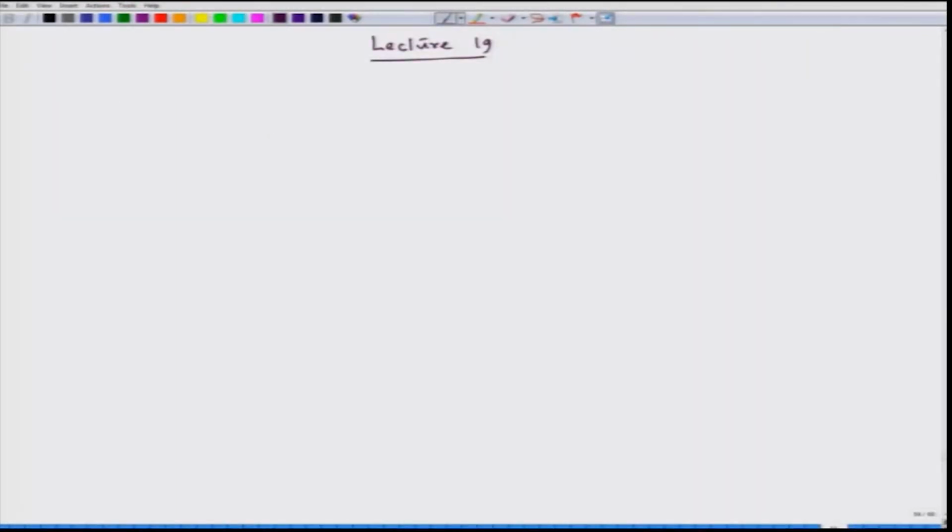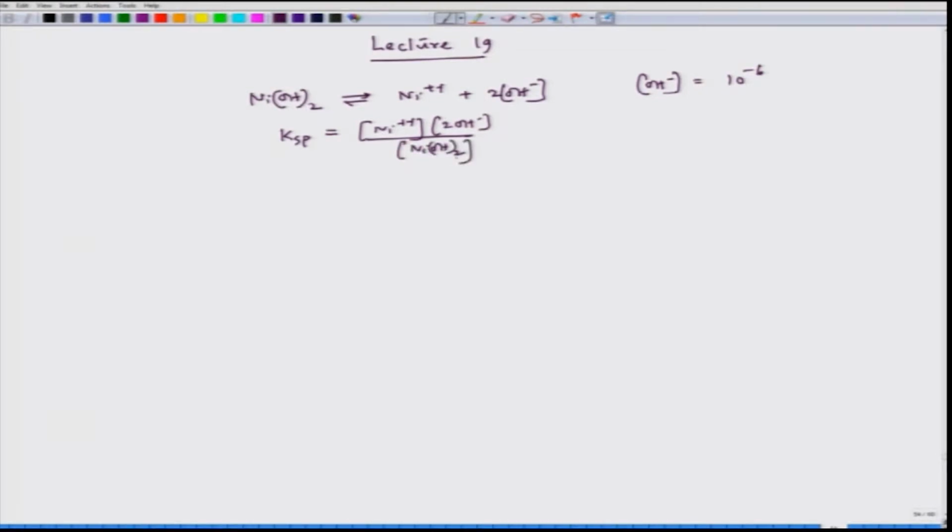Now, this Ni(OH)2 can have equilibrium between Ni++ plus 2 OH-. Now, we know that the OH- ion concentration in the solution is 10 to the power minus 6. Now, from Ksp consideration, Ksp would be equal to the concentration of Ni++ times OH- squared divided by Ni(OH)2.